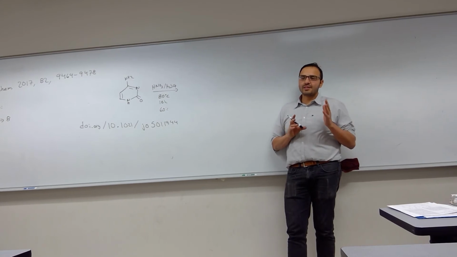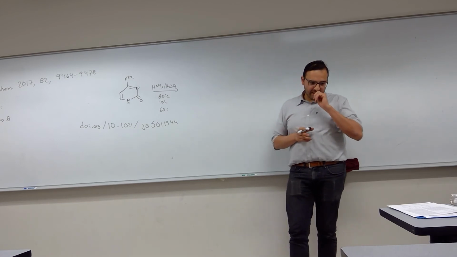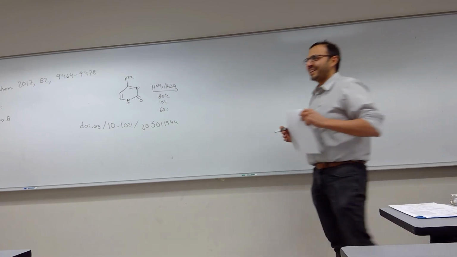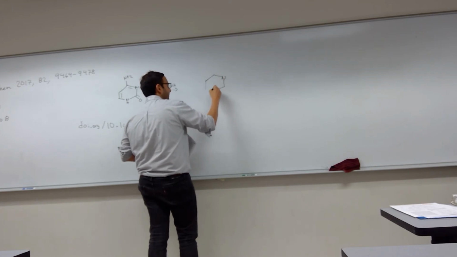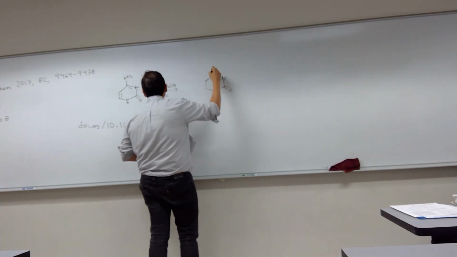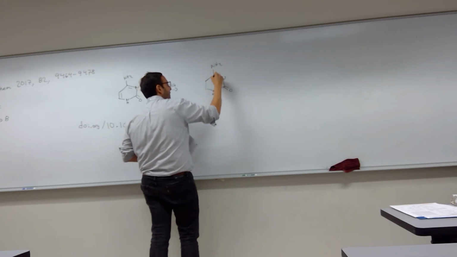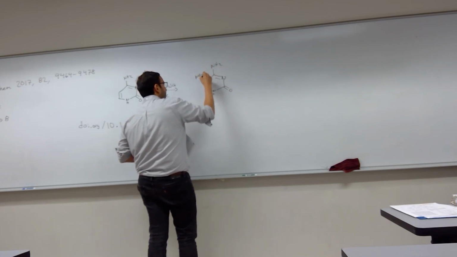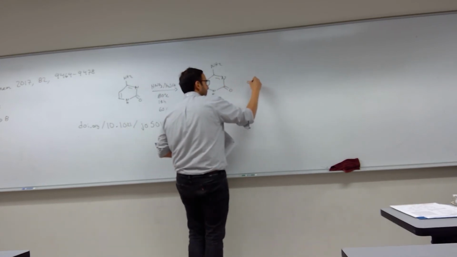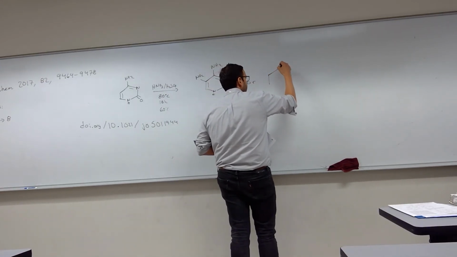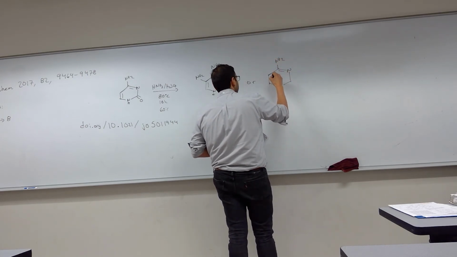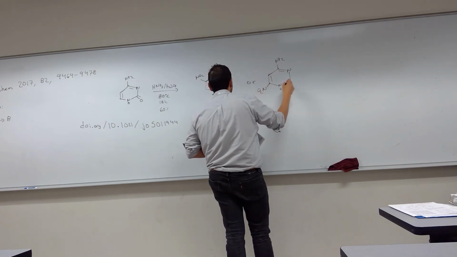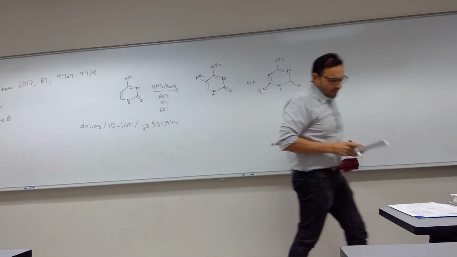Yeah, so it's a nitration via an electrophilic aromatic substitution. Okay, so now the question is the following. You can certainly look at the answer, right? But these are your two options on the nitration.